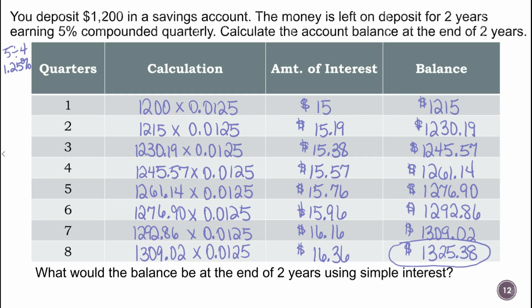This is what would the balance be at the end of 2 years using simple interest. So we just do 1200 times 0.05. Remember, it was 5% interest. And that gives me 120. Add that to the 1200.